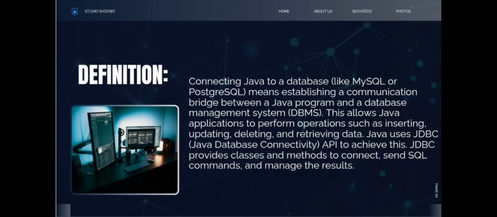This allows Java applications to perform operations such as inserting, updating, deleting, and retrieving data. Java uses the JDBC, or Java Database Connectivity, API to achieve this. JDBC provides classes and methods to connect, send SQL commands, and manage results.